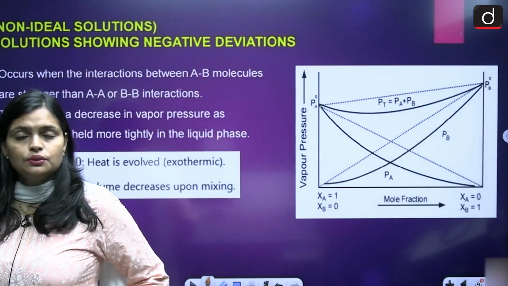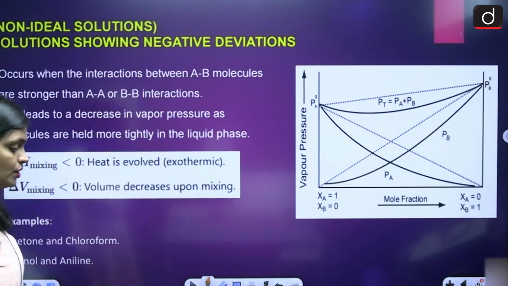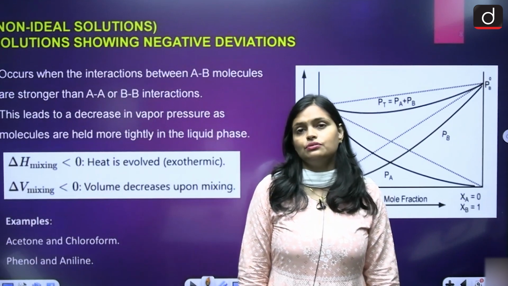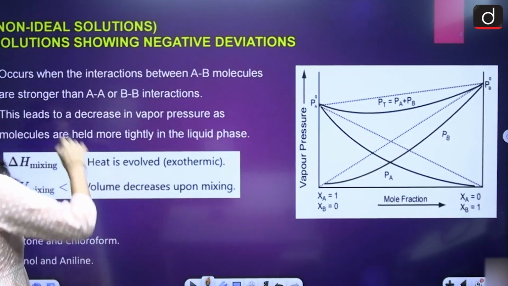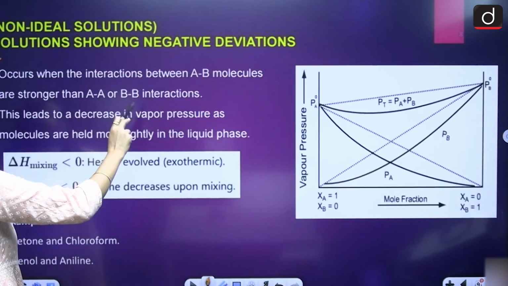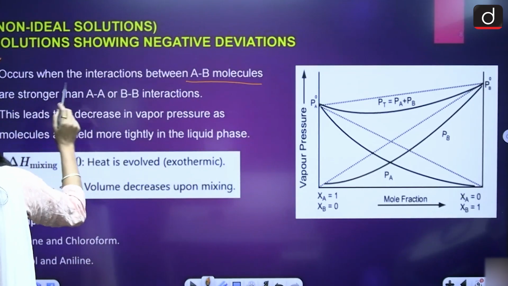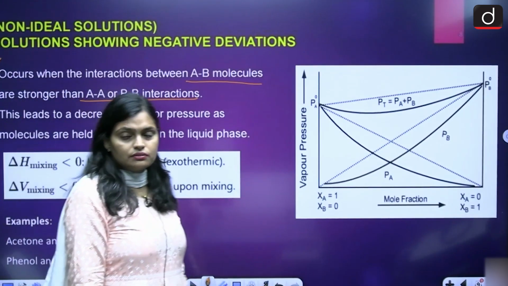Non-ideal solution showing negative deviation. It occurs when the interaction between AB molecules is stronger than AA or BB interaction.